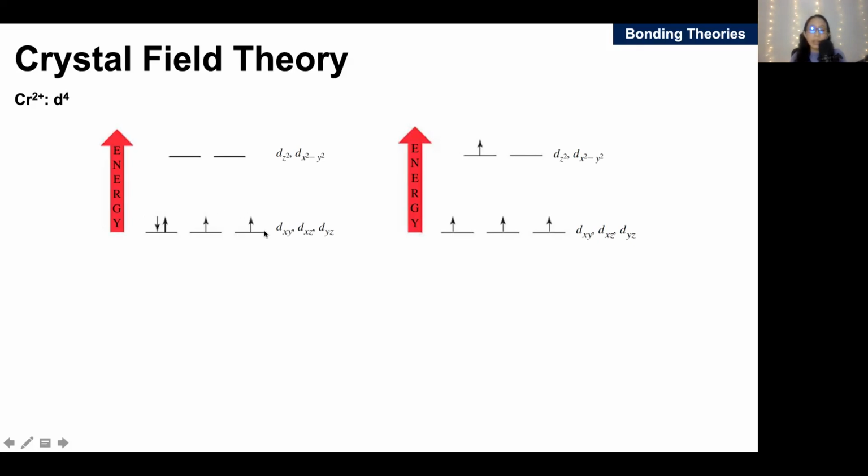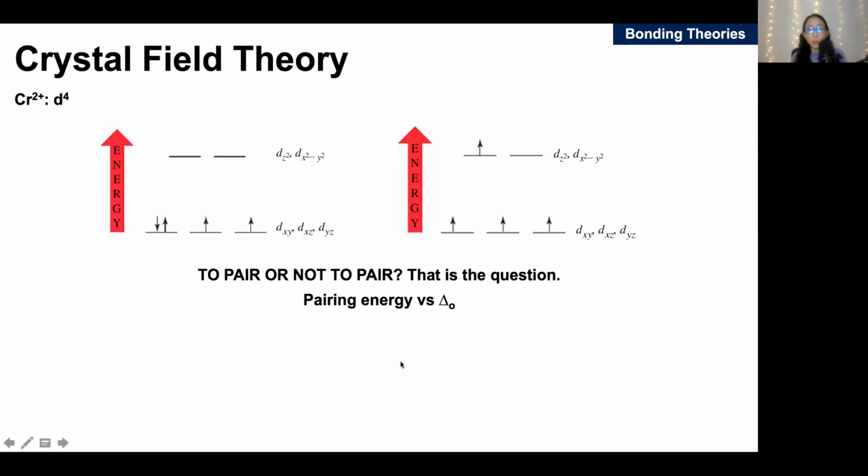And then the question is, for the 4th electron, where should we place it? Shall we pair it with the 1st electron in this low energy orbital, or shall we place it in one of the higher energy orbitals? Again, these two arrangements are possible. So the question is, to pair or not to pair?